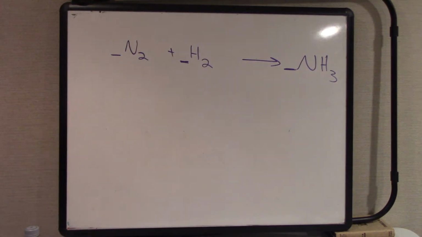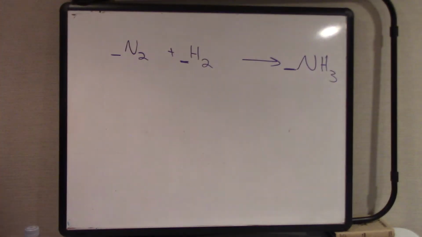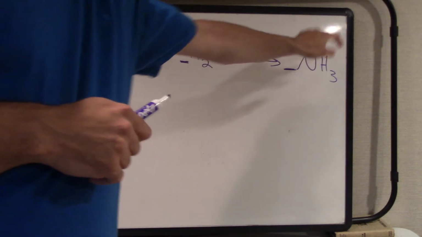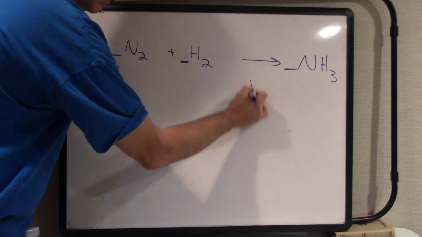When we think about a reaction, we sometimes call the left-hand side the reactant side, and the right-hand side the product side. So I want to show you a real quick technique that just involves some tallying up of things that will help you to easily balance these equations.